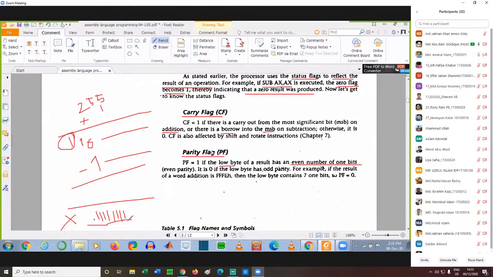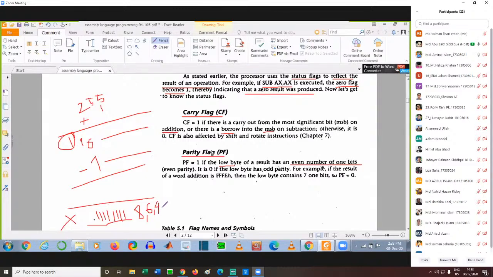So if the low byte has all 8 ones, then PF equals 1. What about 6 ones and 2 zeros? Yes, an even number, so PF equals 1.